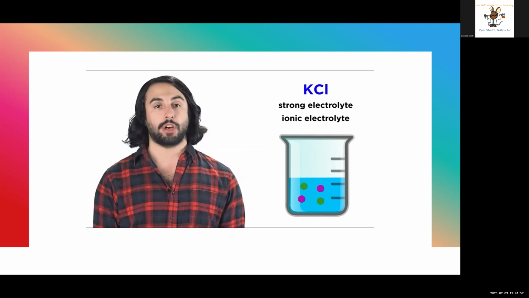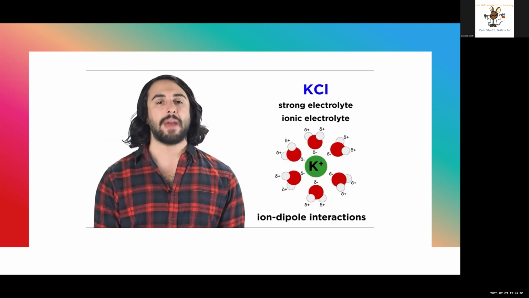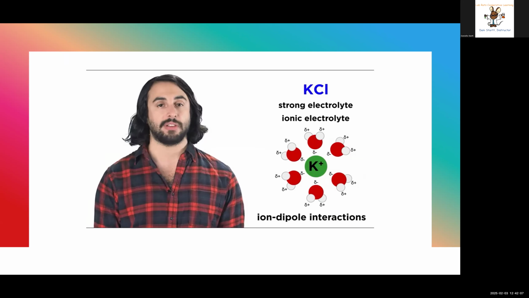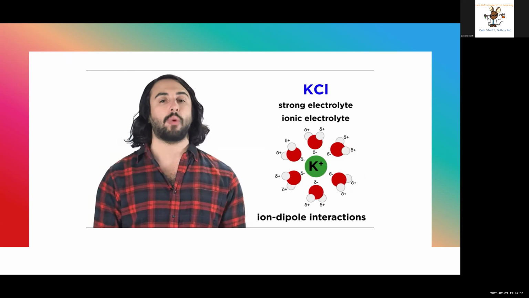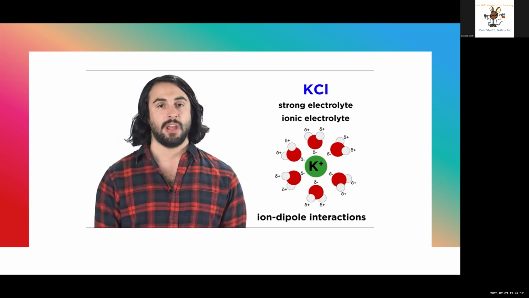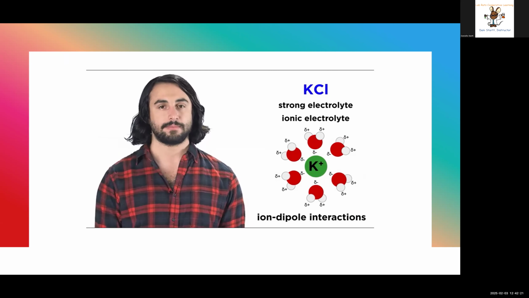The dissolution occurs because the cations and anions will be able to make ion-dipole interactions with the water molecules that comprise the solvent. And this energy storage, combined with the greater disorder of the solution over a crystallized ionic solid, is what results in spontaneous dissociation.